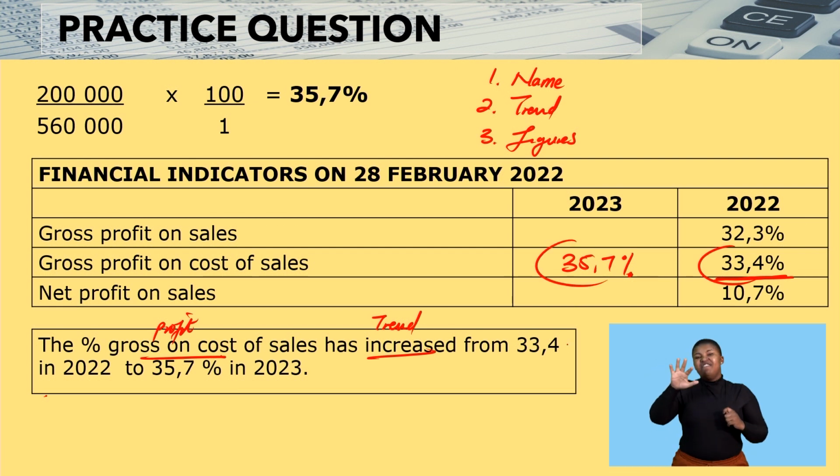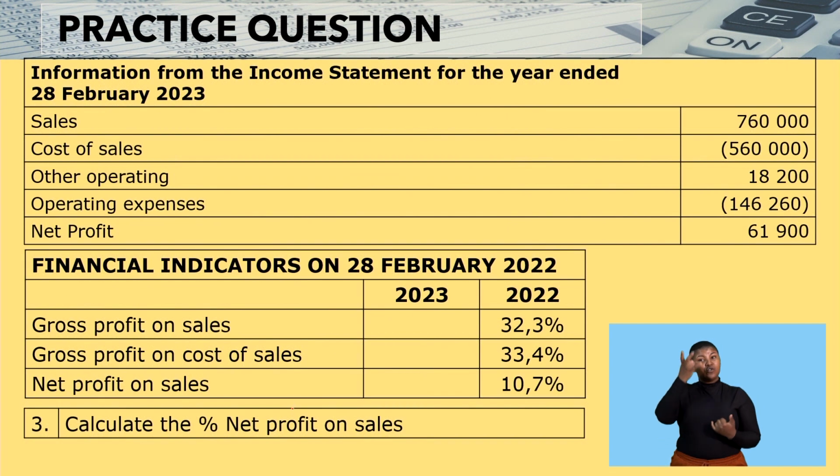It has increased from 33.4% in 2022 to 35.7% in 2023. That is how you would comment that your gross profit on cost of sales has increased.